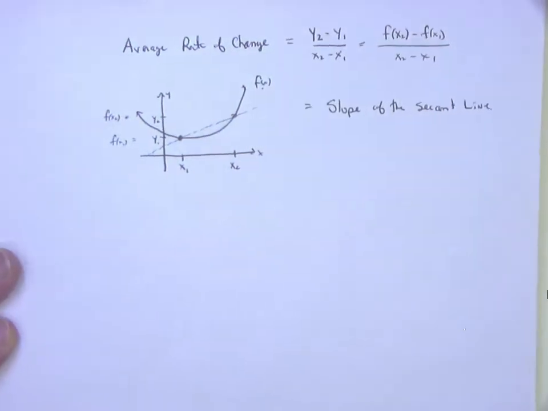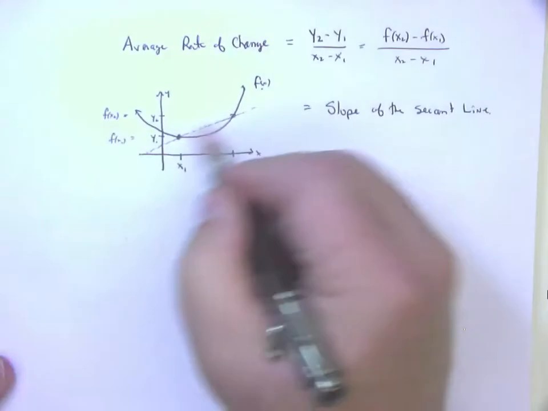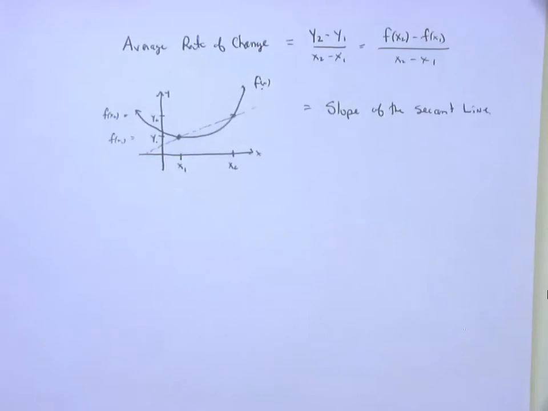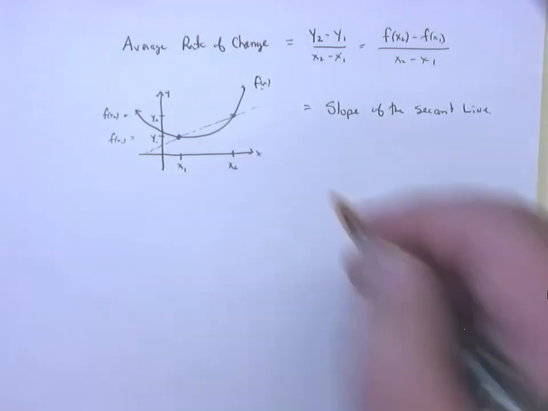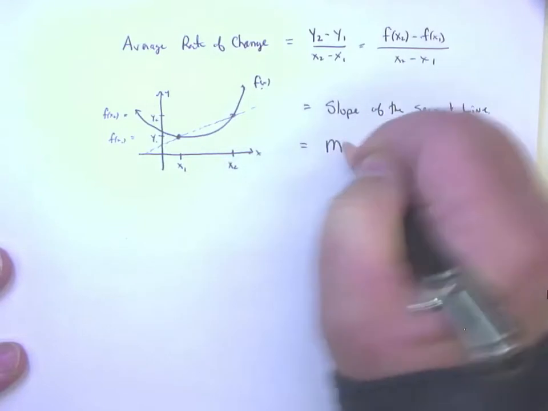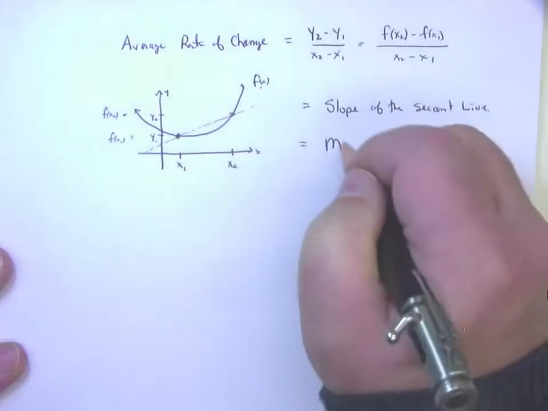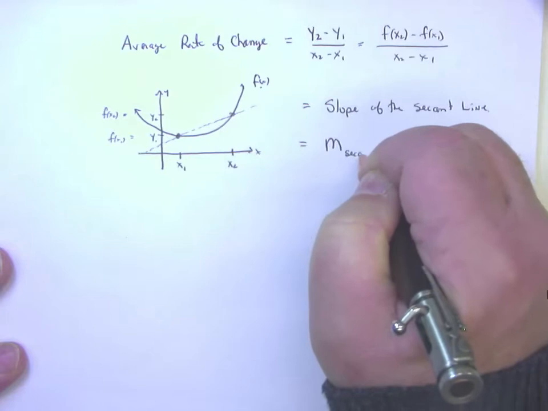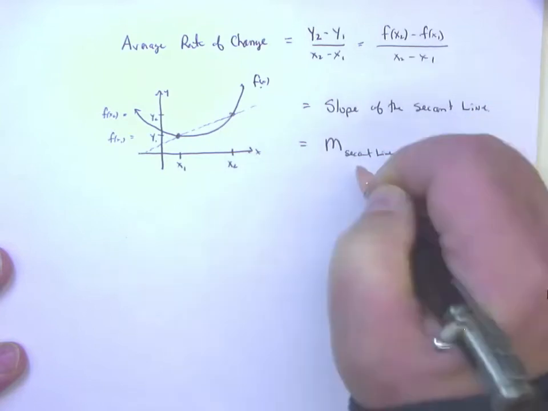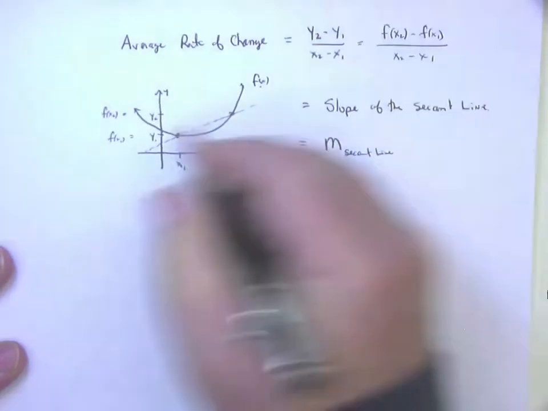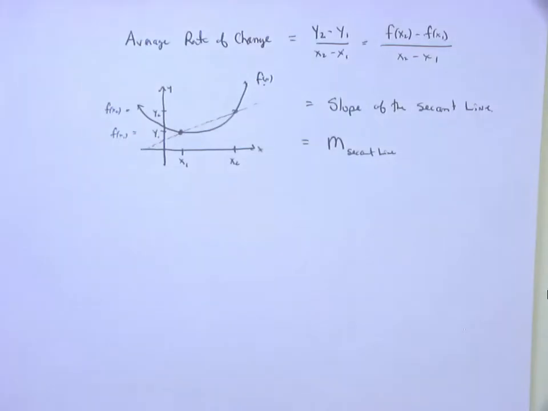This line connecting 2 points on a graph is called a secant line. Okay? And so this slope, m, because that's our standard symbol for slope of the secant line, is basically the symbolism for it.